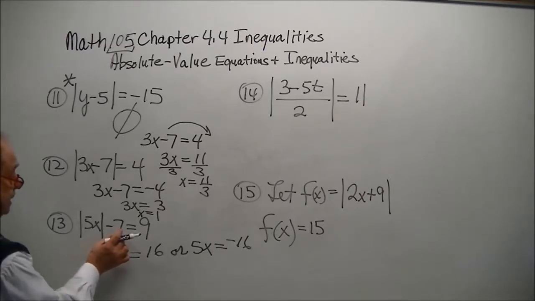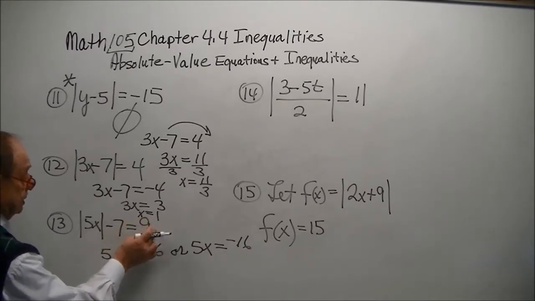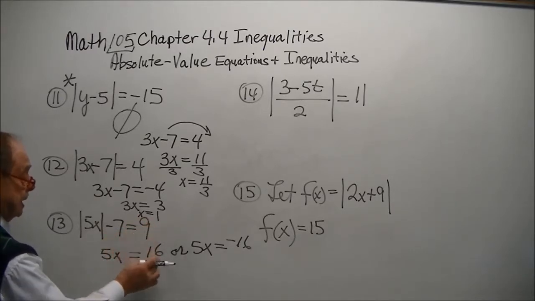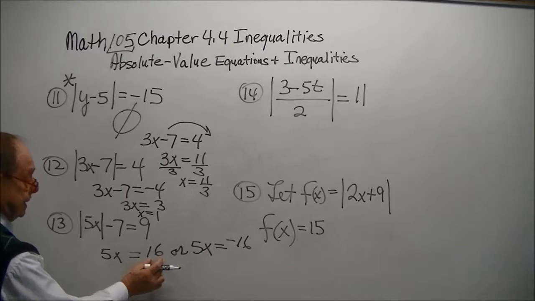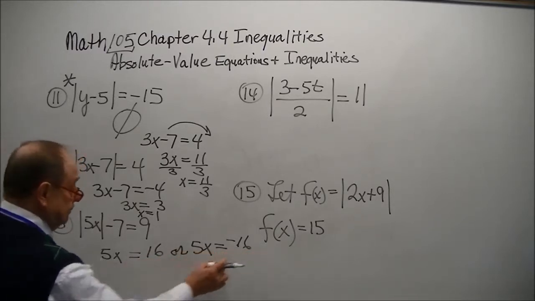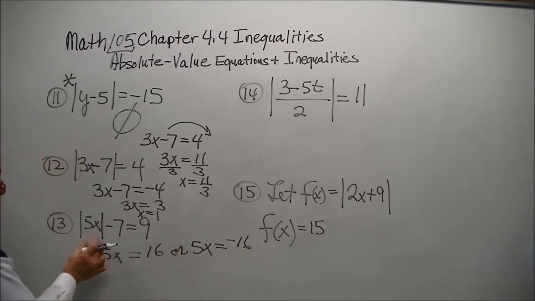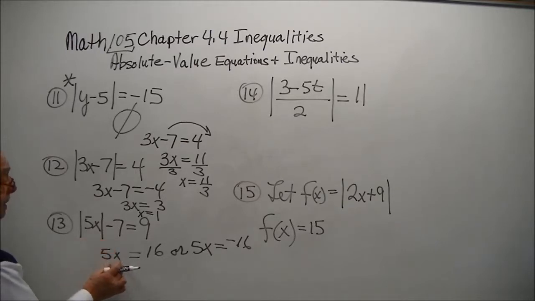So we've taken the negative 7, brought it over as a positive 7, that gave me a 16, and I'm using that for both of them. Take away the absolute signs, and these are our equations.